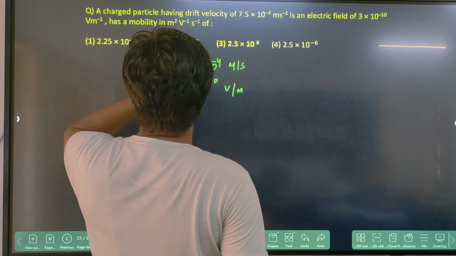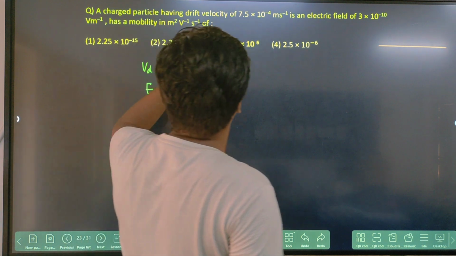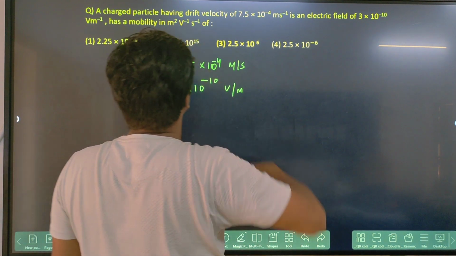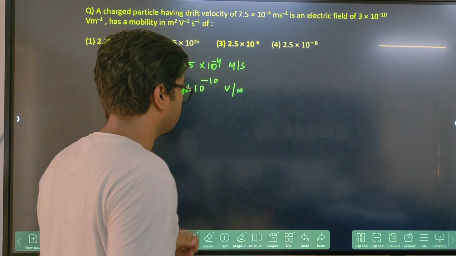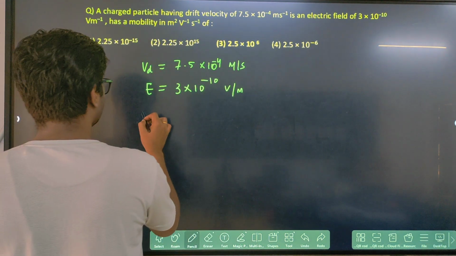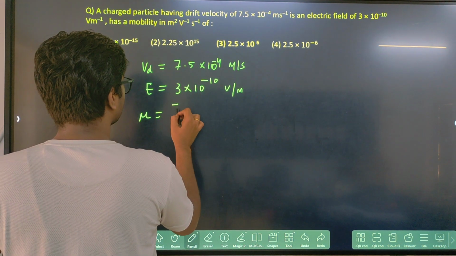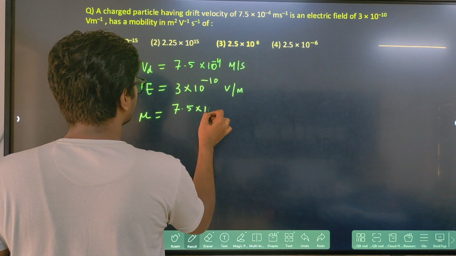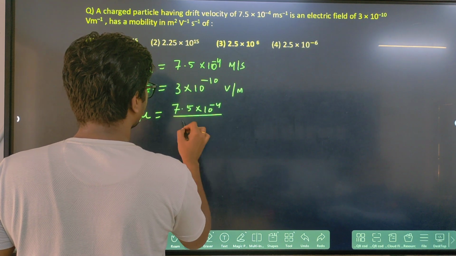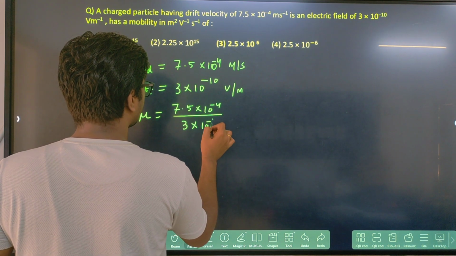They are asking to find the mobility in the SI unit, meter square per volt per second. So you can say that mobility is basically defined as Vd, that is 7.5 into 10 to the power minus 4, divided by 3 into 10 to the power minus 10.